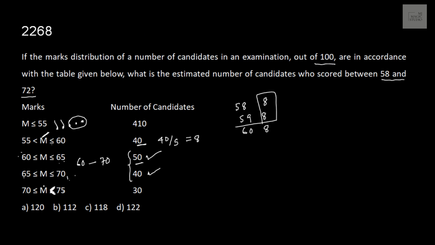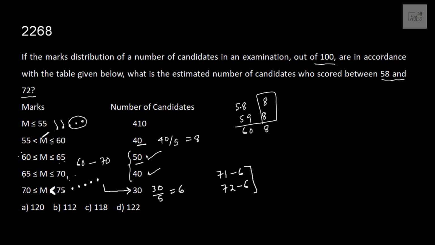So now we look at this particular class from 70 to 75. It includes 70, 71, 72, 73, 74, but not 75. So there are 1, 2, 3, 4, 5 marks which are being taken up by 30 students. So the average would be 6 students per mark. So for 71 we will have 6, for 72 we will have 6.